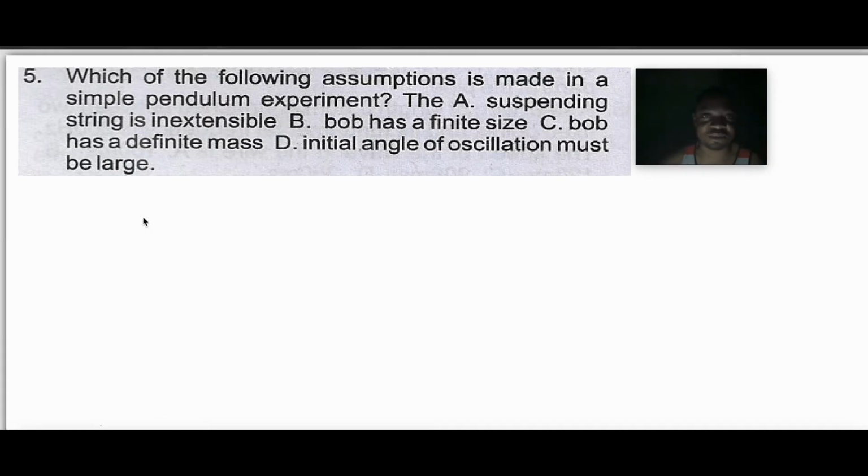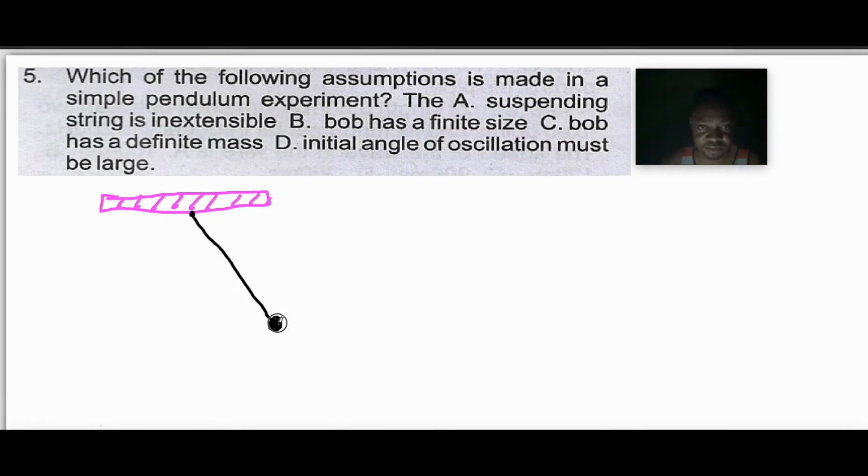Let's take a look at a typical model of a simple pendulum. A simple pendulum consists of a mass hanging. This is the mass.